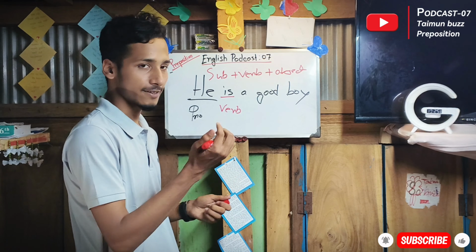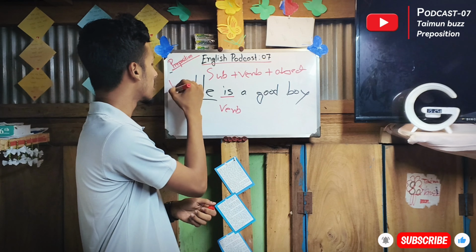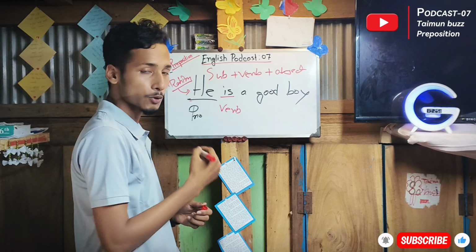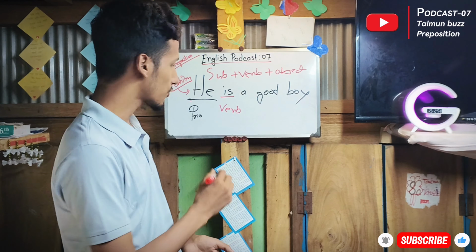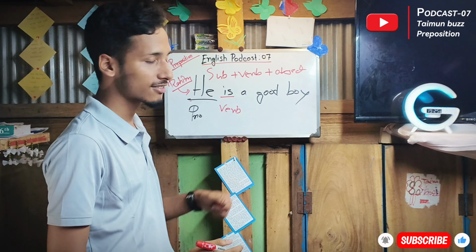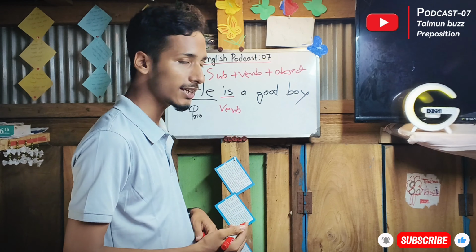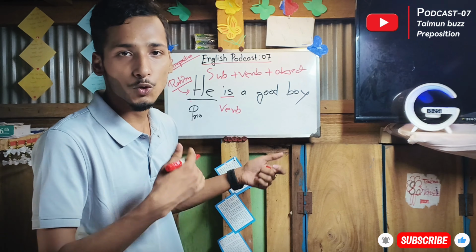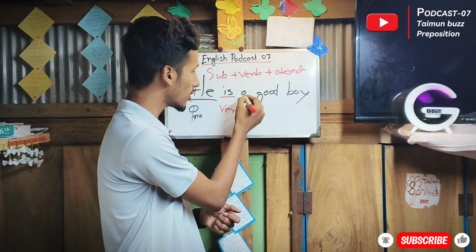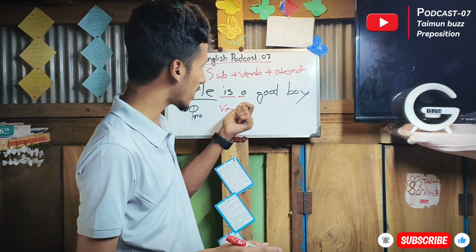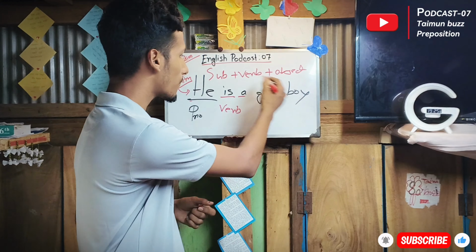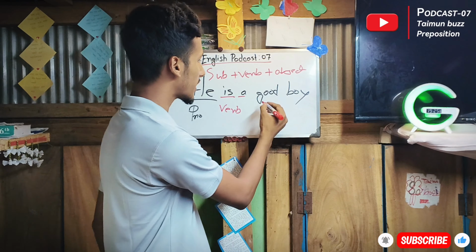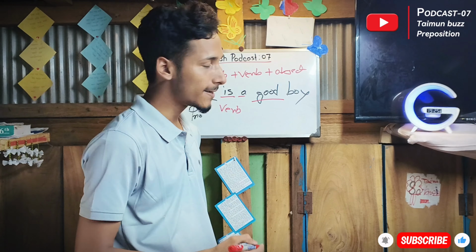So let's come to the topic. We know he is a pronoun because if I take Rohim as a noun, the pronoun of Rohim is he. Is is a verb. Why? Because is is the main verb when there is no other verb after it. That's why is is the main verb of this sentence. Then we can see good.